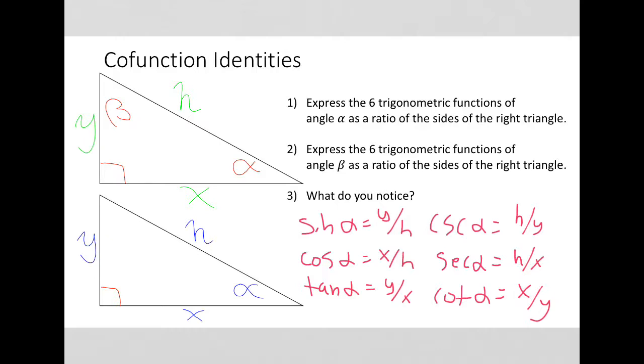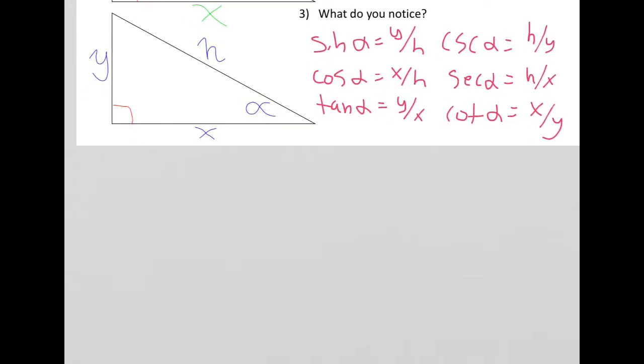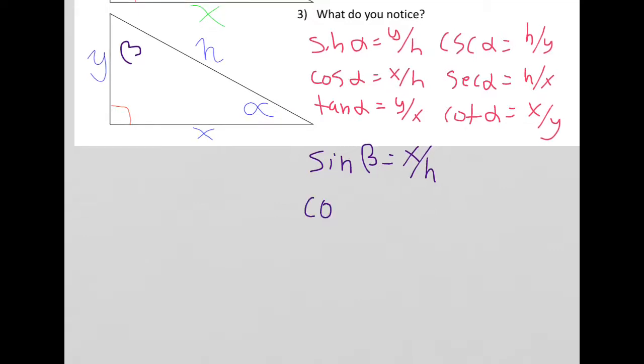Okay, well the next thing we want to do is the same thing, but with our angle beta, which was up here, so I'm going to write it there for now so we can use that. Well, the sine of beta, the opposite side from beta, is x over the hypotenuse. The cosine of beta is the adjacent side, which is y over the hypotenuse.